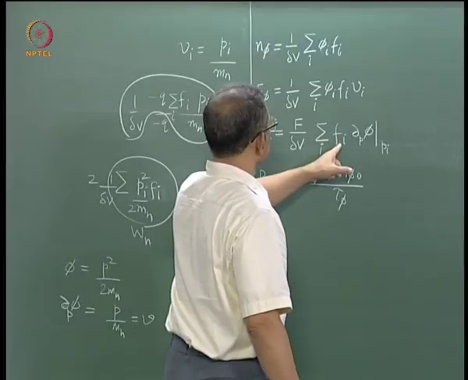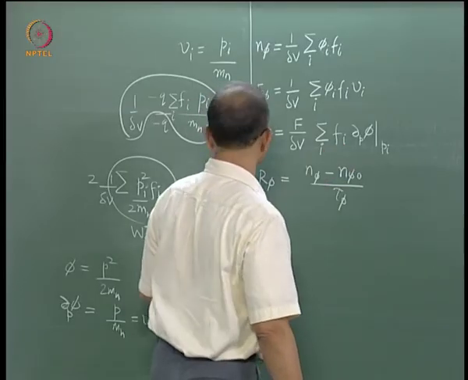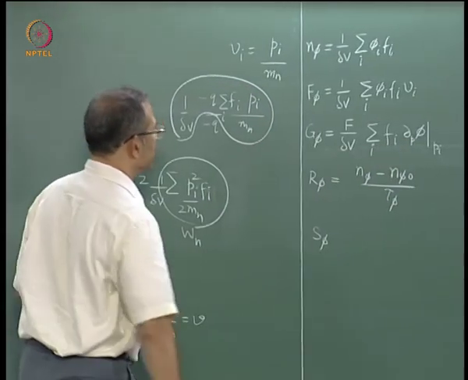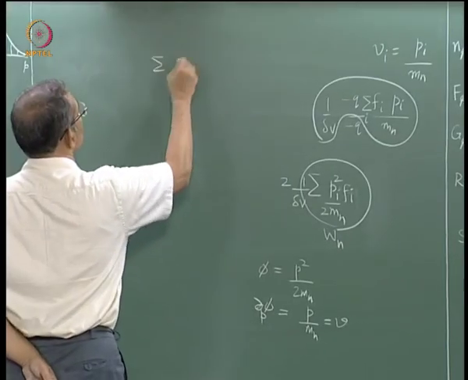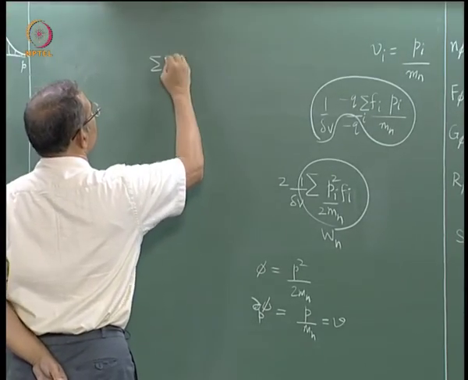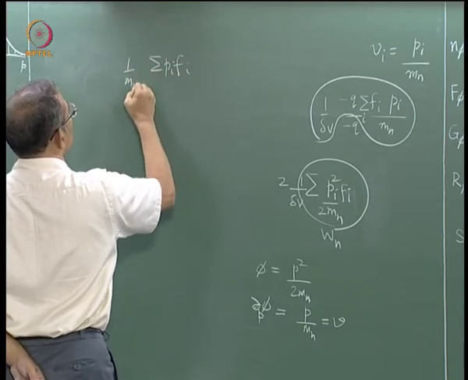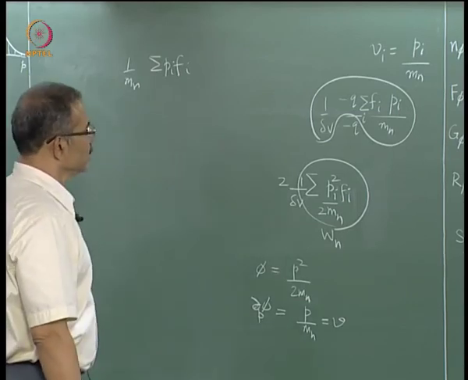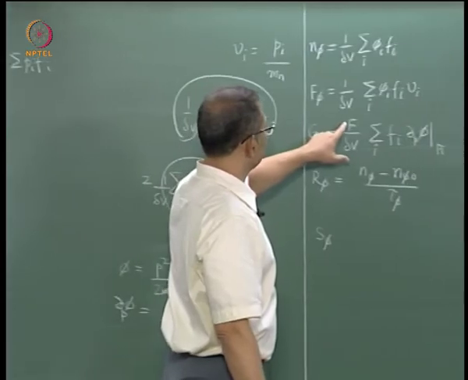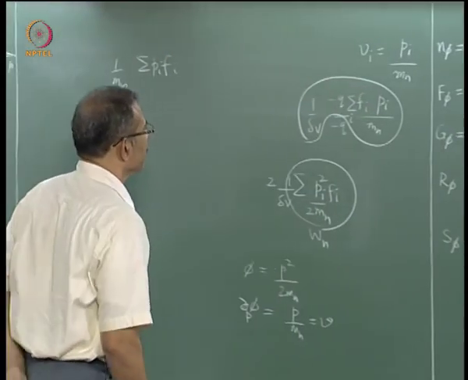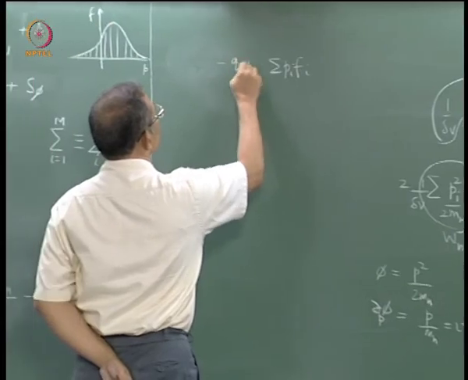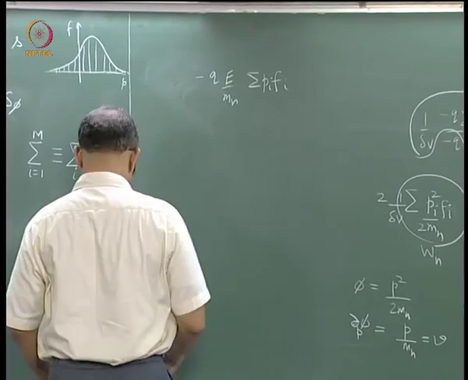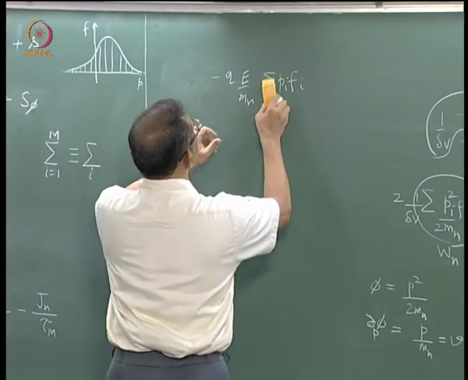Now here you have F into p by mn. This F is minus q times E. Let me push that q by mn inside.